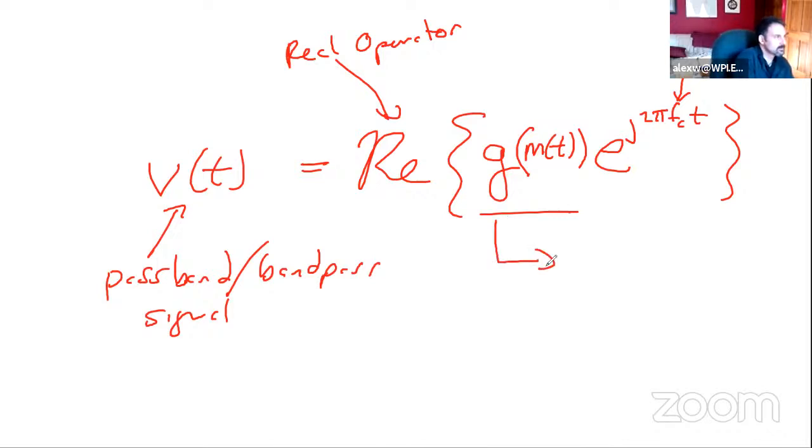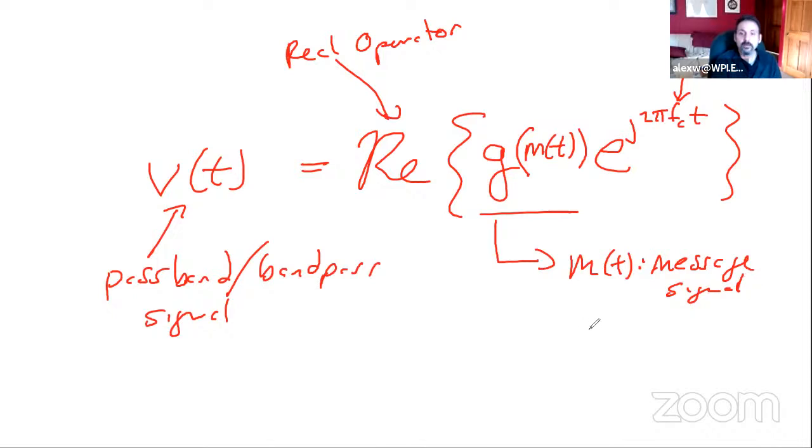This is what it is. m is your message signal, and g of m of t is the mapping of message signal m(t) to baseband.